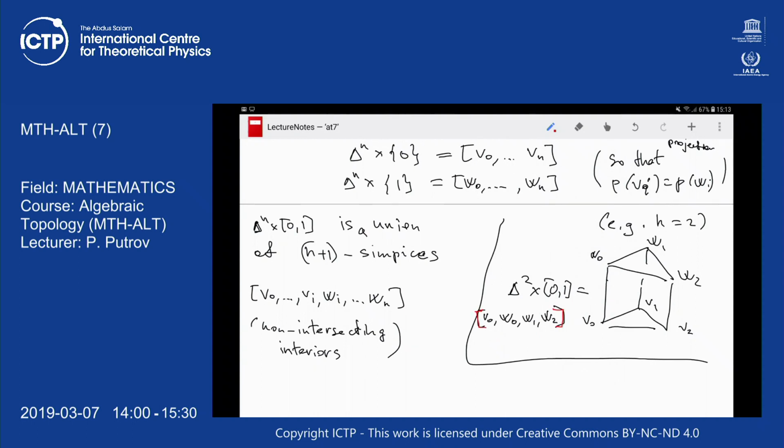Let me color it red. How does it look? Looks like this.